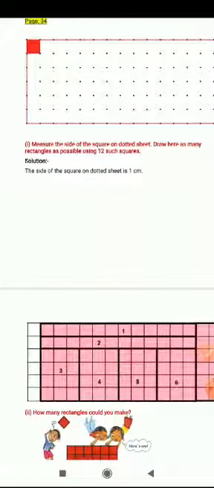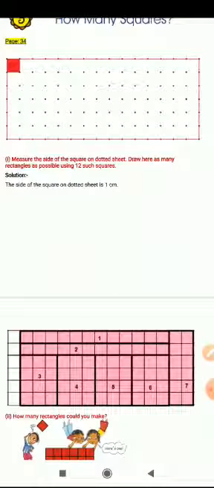In second question, we have to draw as many rectangles as possible using 12 such squares. Okay, so I am drawing rectangle in this dotted sheet using 12 such 1 centimeter squares.